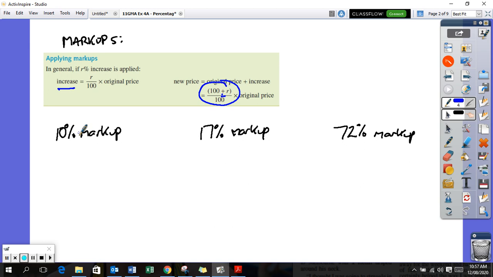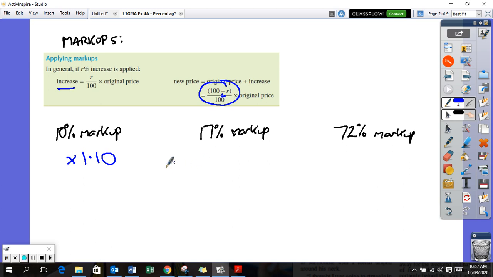So 10% markup is going to be times 1.10. The 1 is for the original price and 10% extra. 1.10, the original plus 10%.